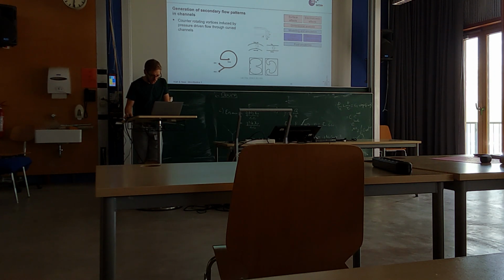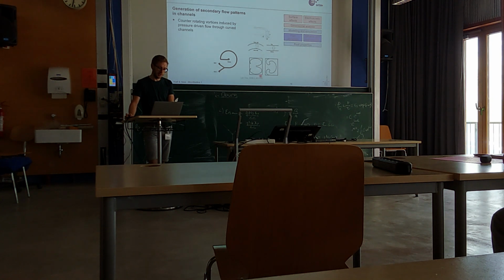Because, so here you can see the top view. So here you can see from the top how the flow velocity would look like, and here you can see it from the side. So this is Hagen-Poiseuille, and by pushing it through a bent channel, which is also illustrated here, you induce some kind of counter-rotating vortices.